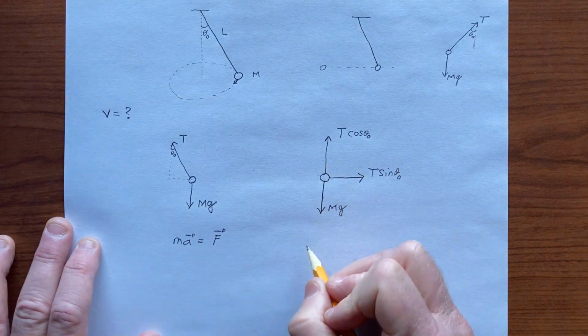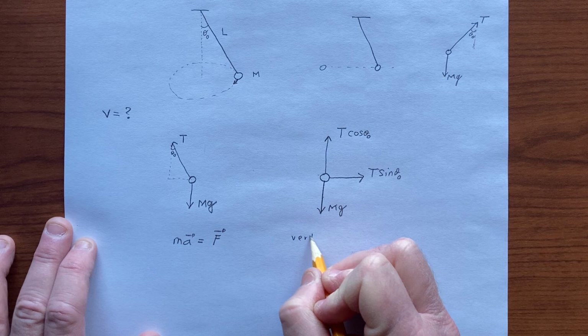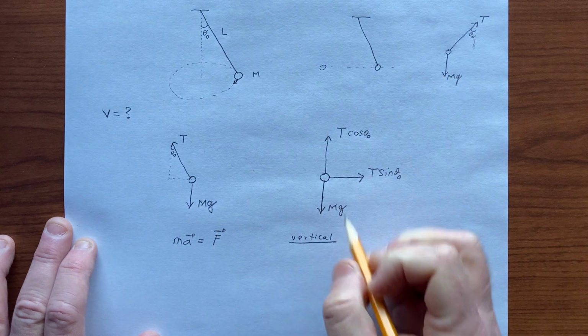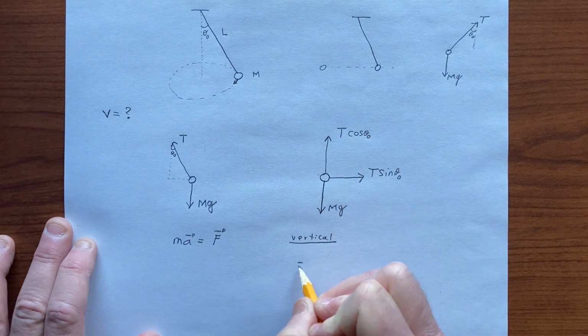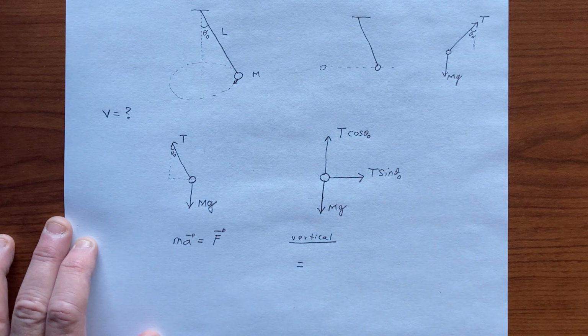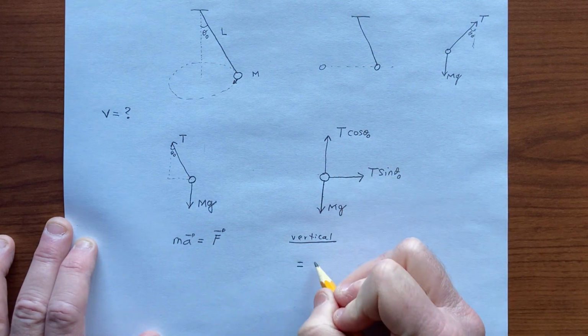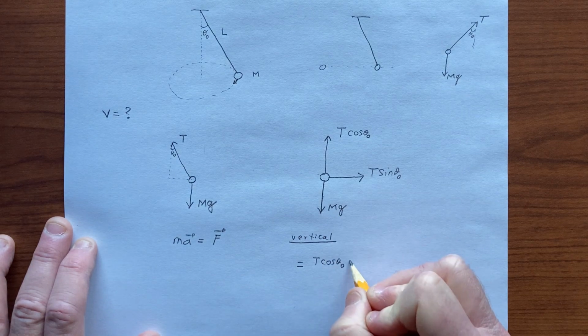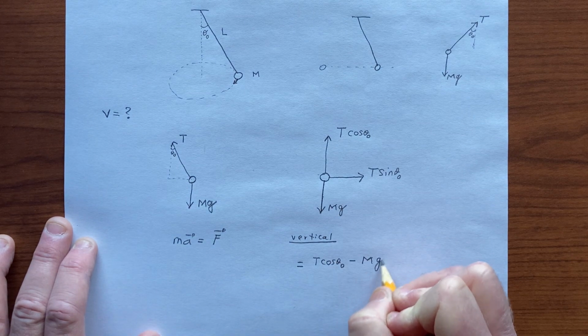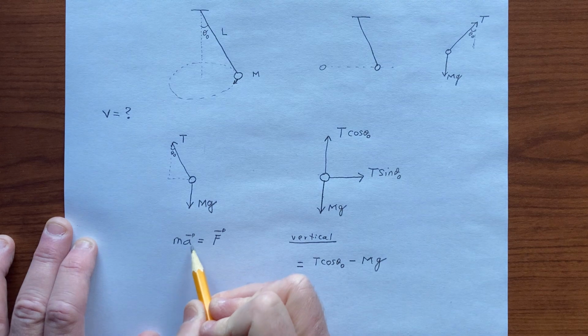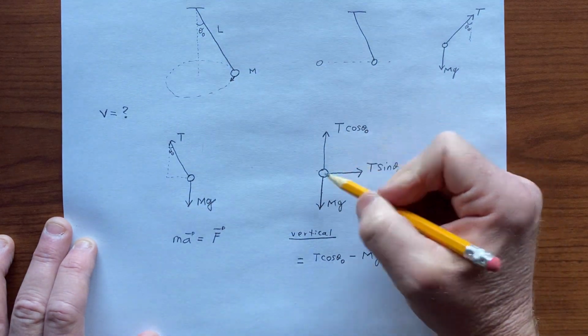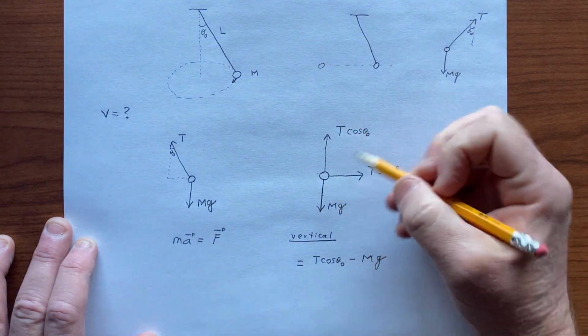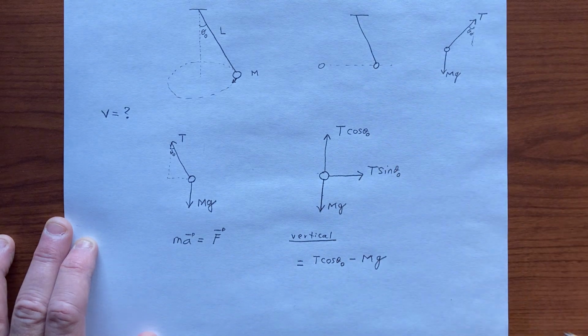For the vertical, we can see the two forces. It's T cosine theta naught, and mg is downward, so that will come in with a minus sign. Then on the left-hand side, the acceleration side, we have to figure out how it's accelerating in the vertical direction. And it's not accelerating in the vertical direction, so this must be 0.